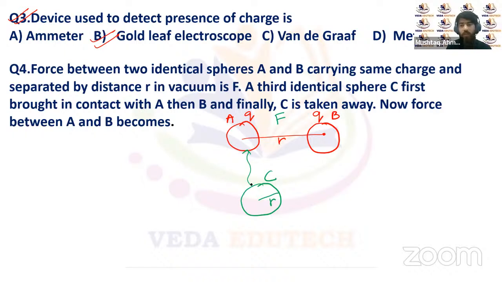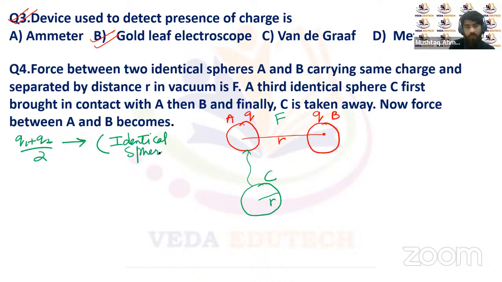Since they are identical spheres, the final charge on each will be given by (q1 + q2) upon 2. This distribution holds only in the case of identical spheres.